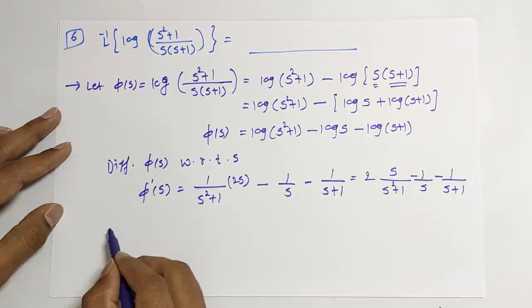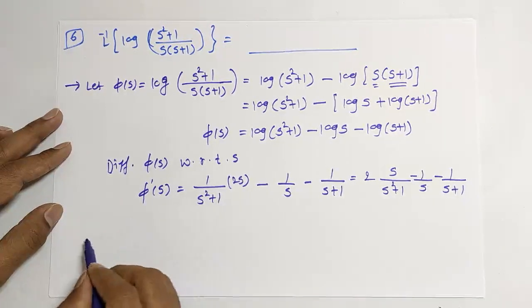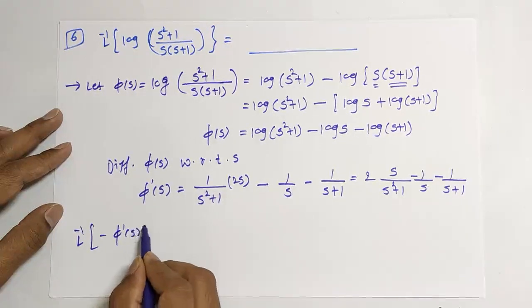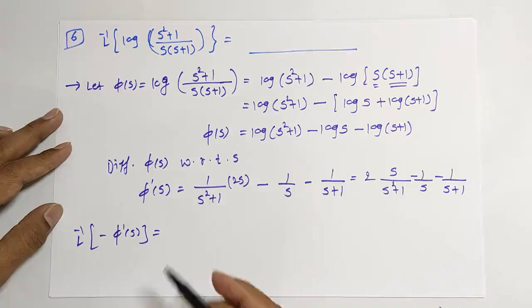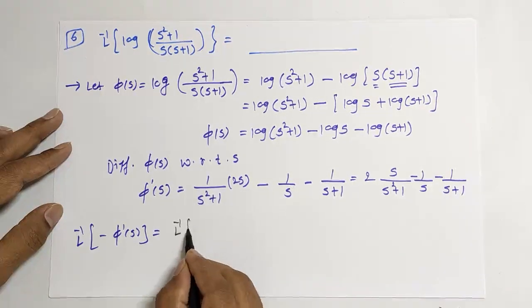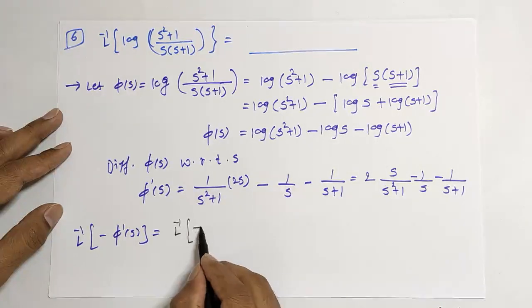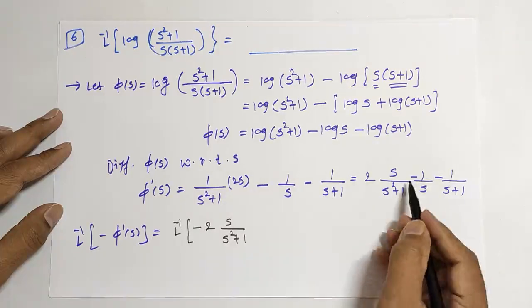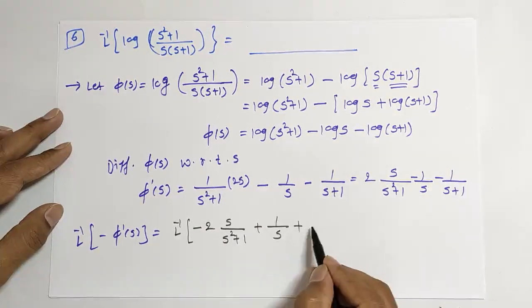So we get, multiplying by minus 1 and taking inverse Laplace transform, L inverse of minus phi dash of s. I am doing both the steps simultaneously. So L inverse of ये जो multiply by minus 1 करेंगे तो ये minus हो जाएगा, minus 2s upon s square plus 1. ये माइनस का प्लस होगा, ये माइनस का प्लस होगा.